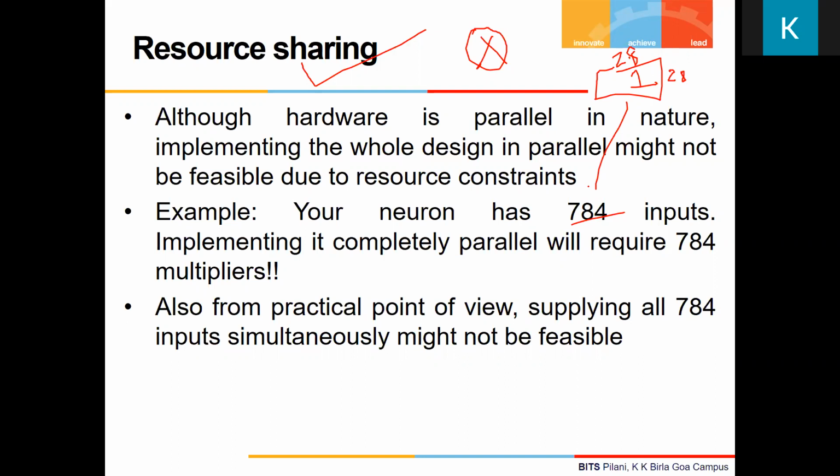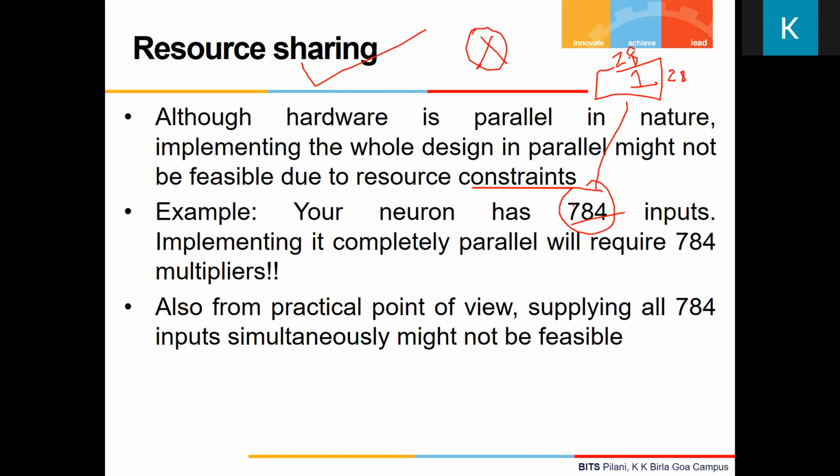Another practical issue: even if you implement 784 multipliers, assuming there are 784 inputs, you won't be able to give 784 inputs in parallel. How does the chip get the input? The input should either come from the external world through some pins, or within the chip using some interface. If I am feeding the input from the external world, I will need 784 pins to give this input in parallel.